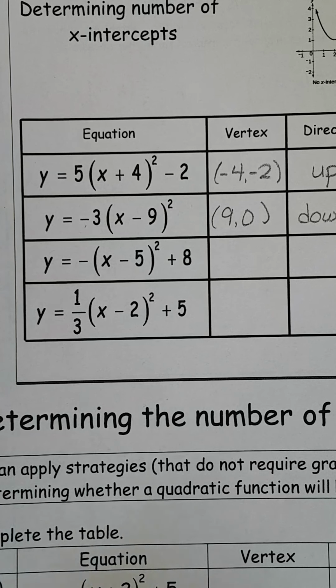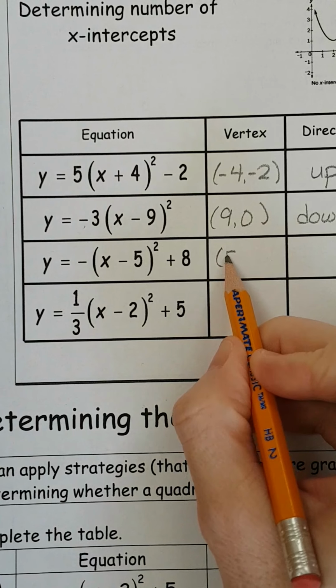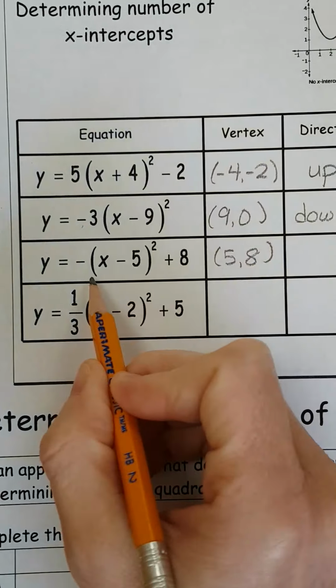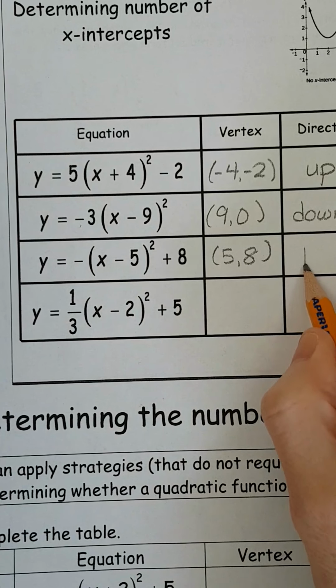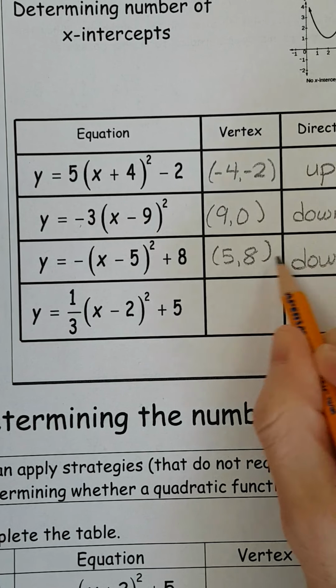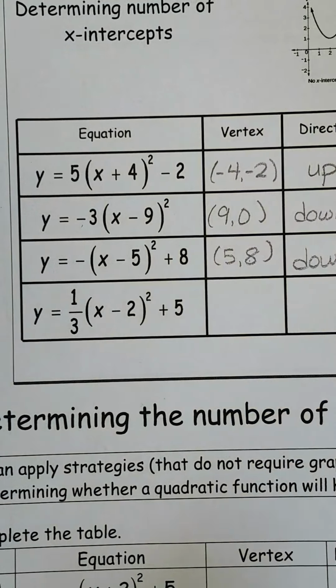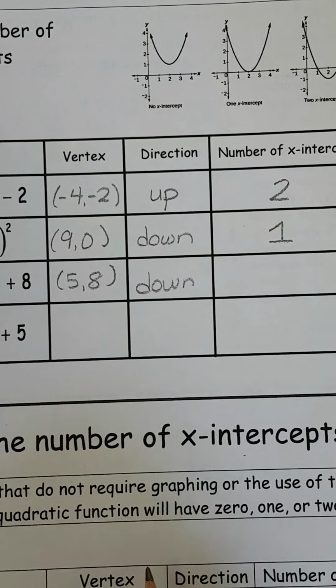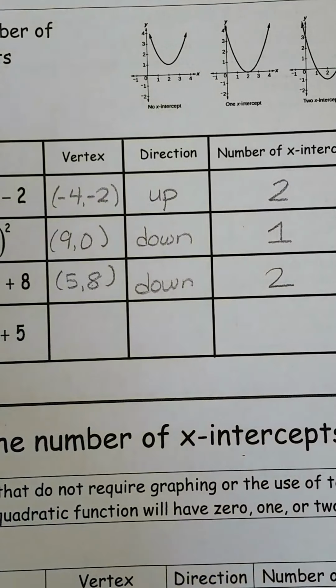And again, (p, q), so (5, 8), negative a value, so opens down. So (5, 8) will be in the first quadrant, so just give yourself a couple of seconds to picture that. (5, 8) opening down means it will cross the x-axis twice.